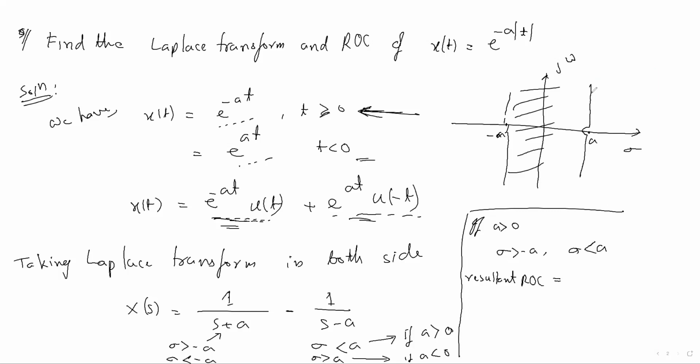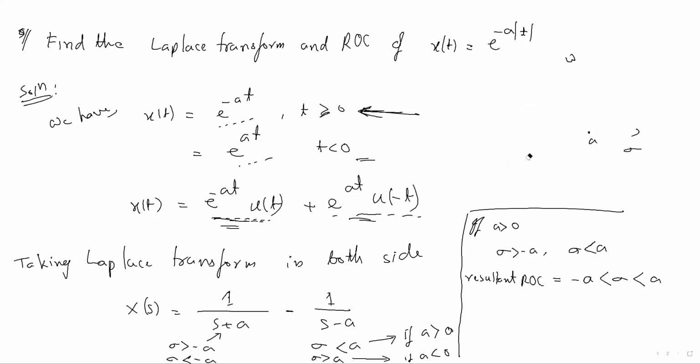Okay, so now we can see there is an intersection. So the ROC is the resultant of these two. The ROC is nothing but minus a less than sigma less than a. Understand? This is the resultant ROC of this. Okay, what is the condition for the second one? Can you draw that? Draw that for the second condition.